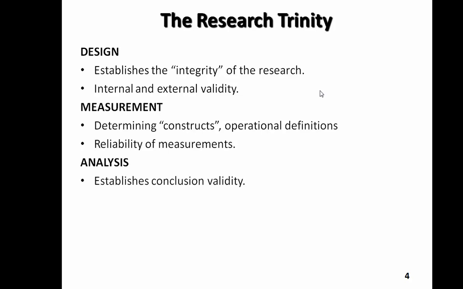Finally, the analysis stage establishes what's referred to as conclusion validity. And that's where we evaluate the information that is gathered at step 2 in the process in terms of measurement. And in this final stage, the research process evaluates hypotheses.